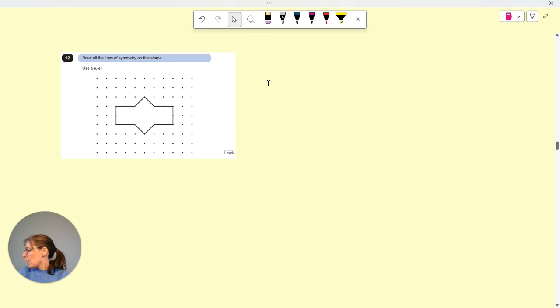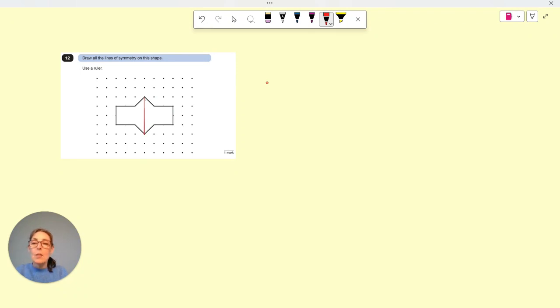Okay, right. This might be a bit tricky. See if I can use something. Number 12. Draw all the lines of symmetry on this shape. I'm going to try and do it on this. Put it down here.